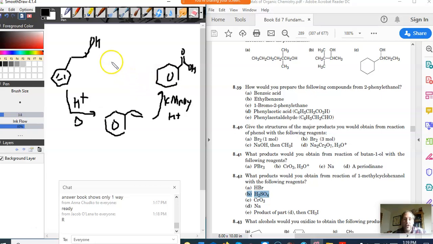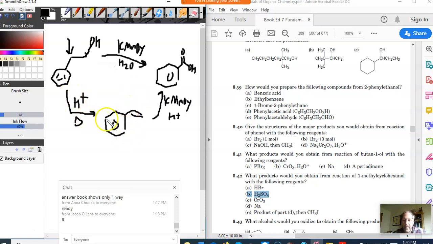The other way is, if you remember from the aromatic chapter, if you have a benzylic carbon that's sp3 hybridized and has a hydrogen, you can just add KMnO4 in water, and it will cleave all that off. So there are two ways.